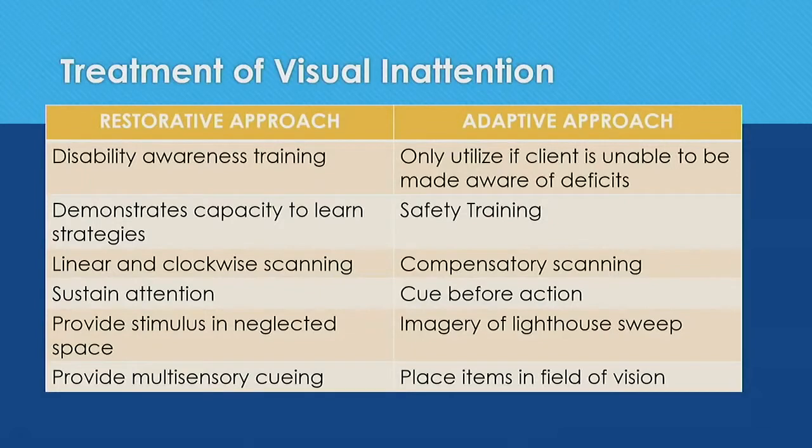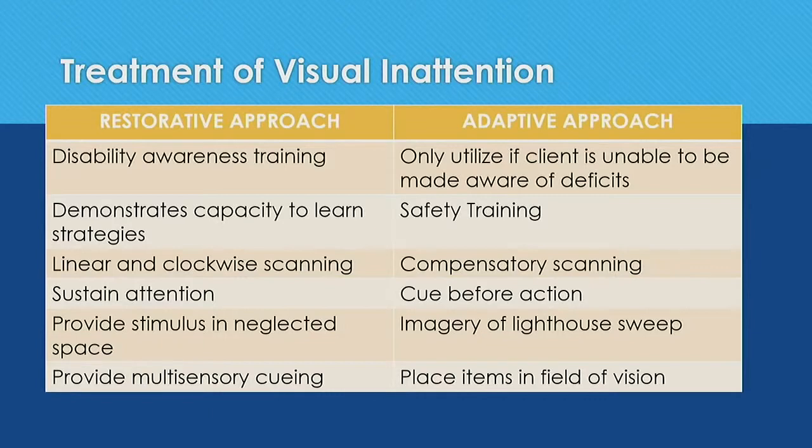Okay, so treatments for visual inattention, there's a restorative approach where we want to try to improve their ability. And then the adaptive approach is just to try to help them function. We're not trying to restore that. So helping them understand their difficulties is a restorative approach.